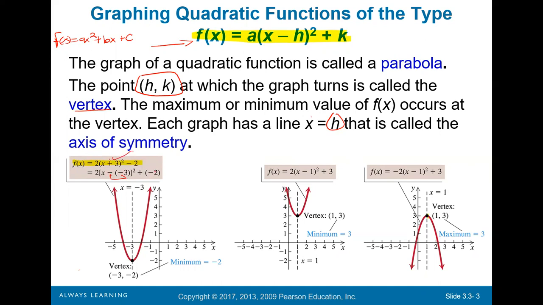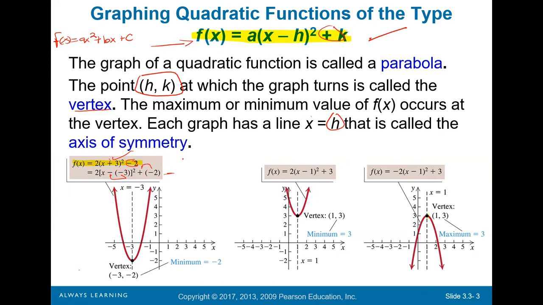But this bottom line here is written in this format right here. We also know that this k value is negative and the formula value is positive. So if I separated it and said plus negative 2, that gives me another outlook.